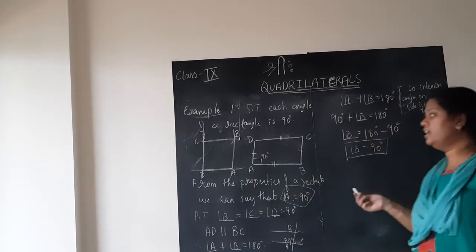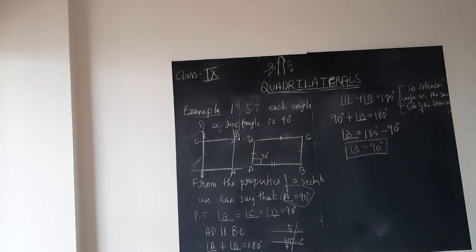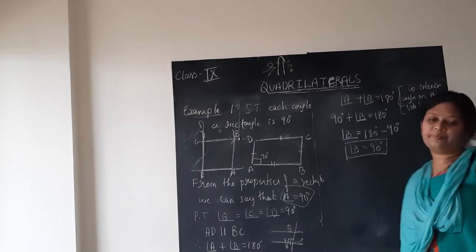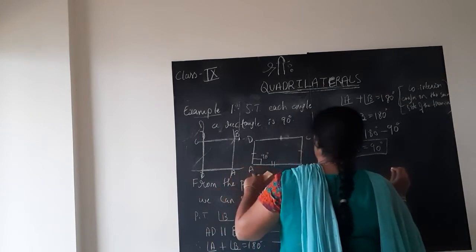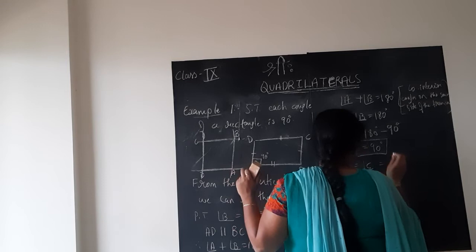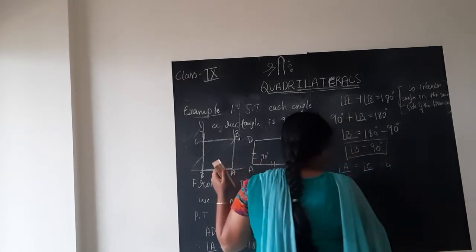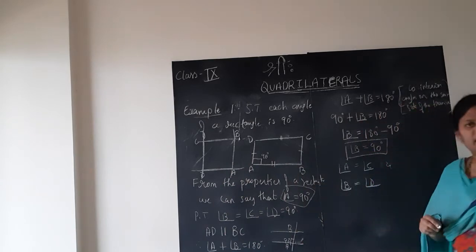What are the remaining angles? Angle C and angle D are also to be proved equal to 90 degrees. How shall we do it? What we shall do is, children, which are the opposite angles? Angle A equals angle C and angle B is equal to angle D. Do you agree with me?